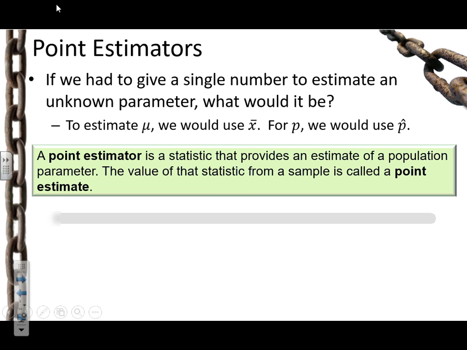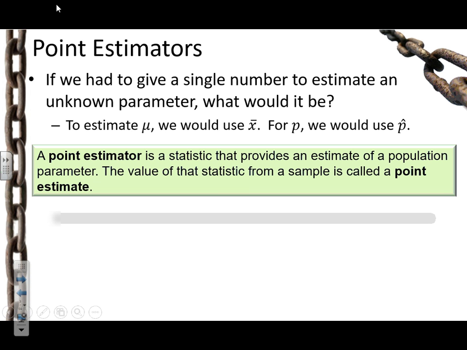It's a value that comes from a sample, and it provides an estimate of your population parameter. Now, the second vocab term up there is point estimate. The point estimate is simply the value that your point estimator takes on.